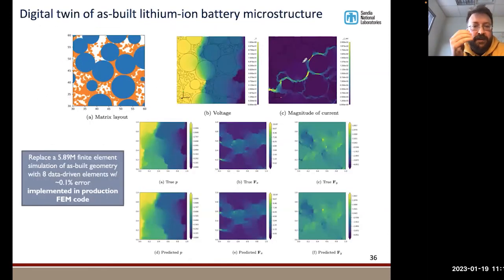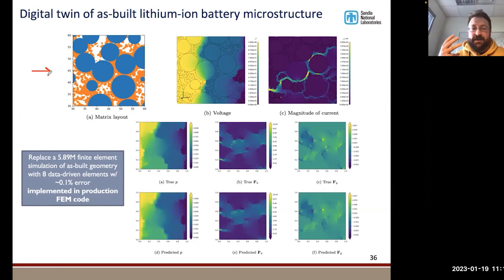Where we're using this at Sandia, one thing that I work on is lithium-ion batteries. You can do CT scans to actually look at the microstructure of a real battery. And we have very expensive, super non-trivial ways of automating mesh generation. So you start with a voxelized CT scan, you hand it to the machine, the machine builds a tet mesh for that.